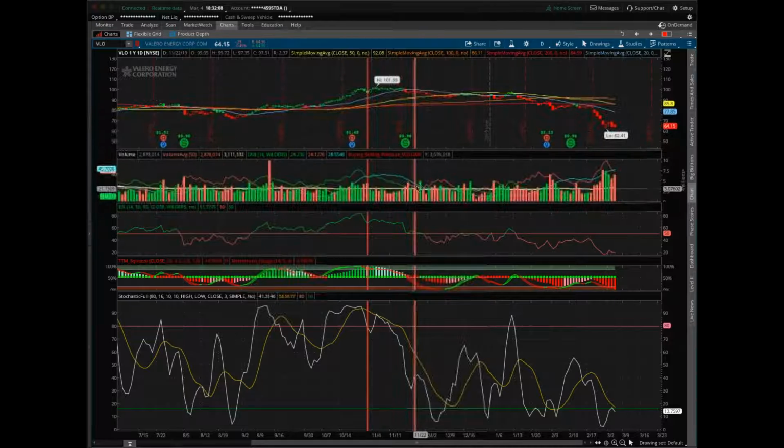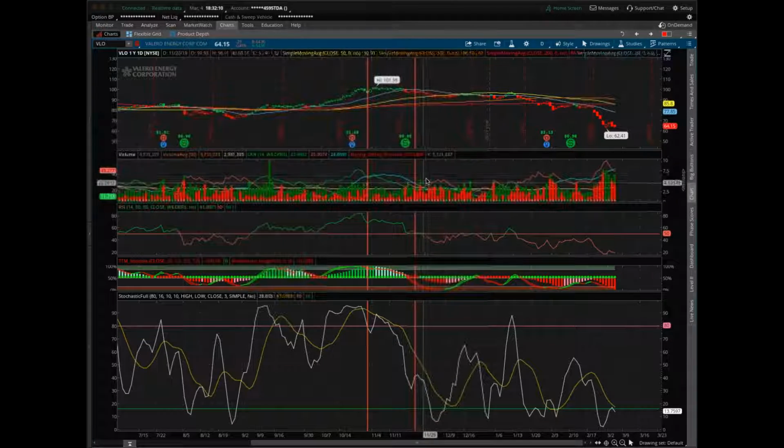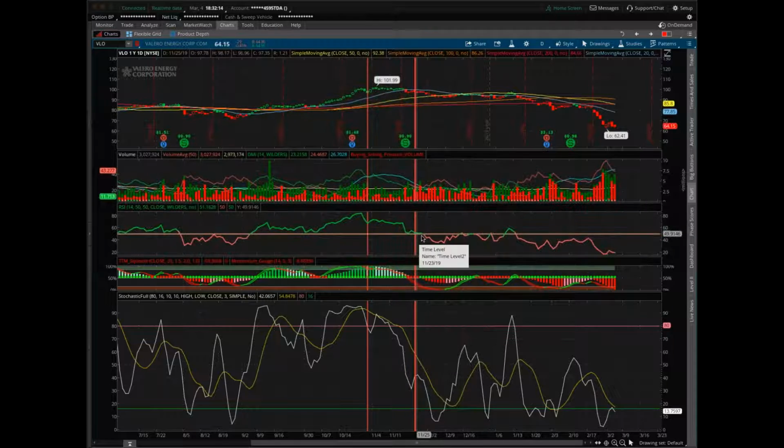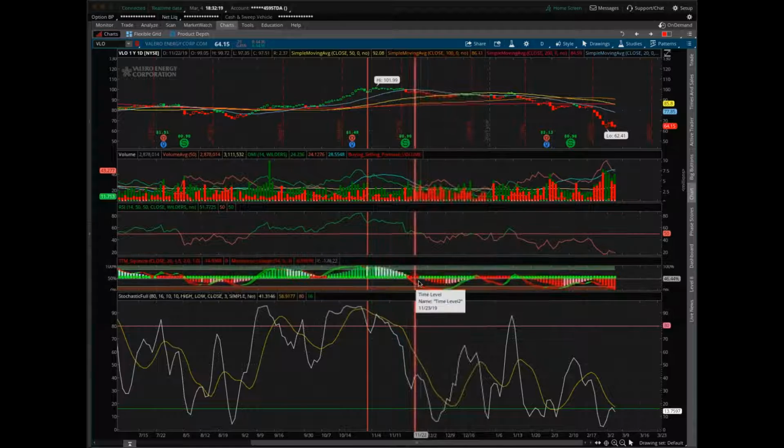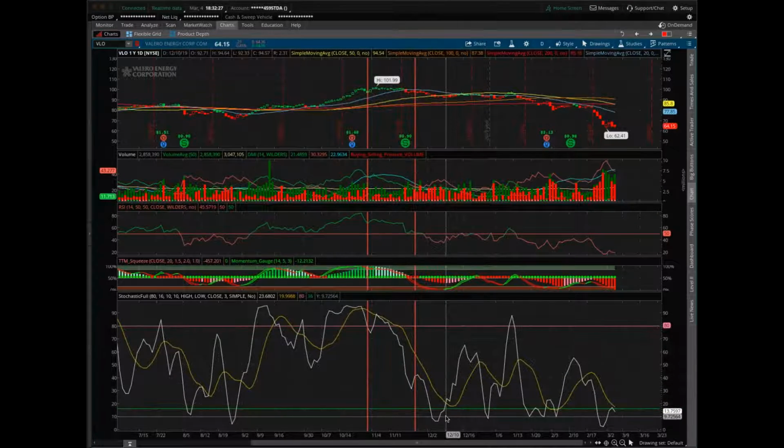We have the DMI red crossover, the green and the blue. We have the RSI cross over the 50. We have momentum cross to the downside with the squeeze to the downside. And then we have our stochastics heading to the oversold.